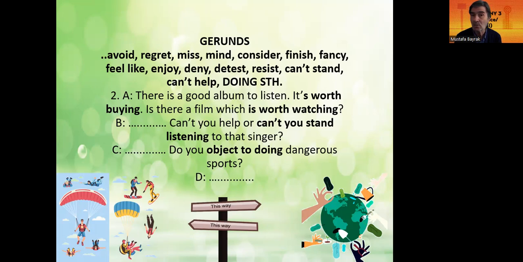So it is the short form of there is a good album that can be listened, that will be listened. So in a short form, there is a good album to be listened. Okay. It is worth buying. Is there a film which is worth watching? Yes, there is a good film worth watching.